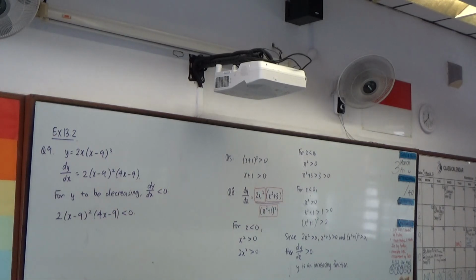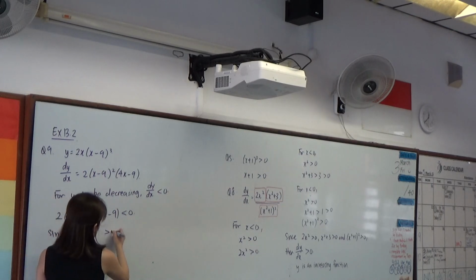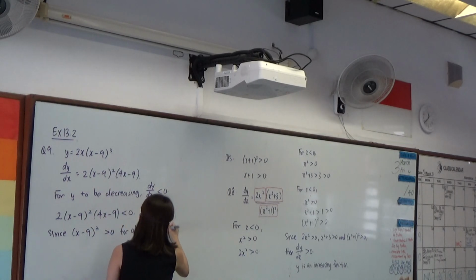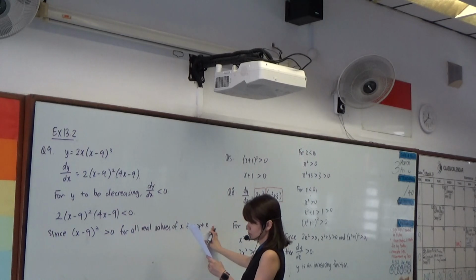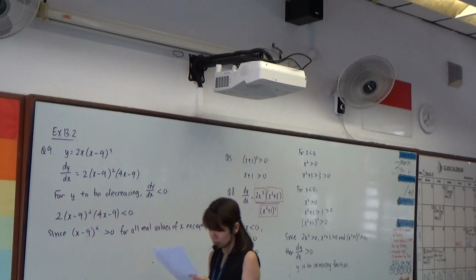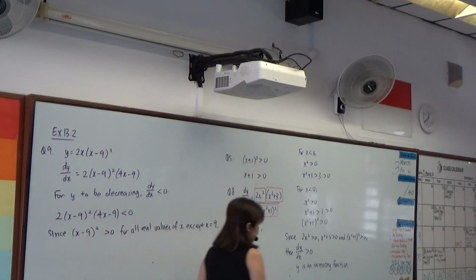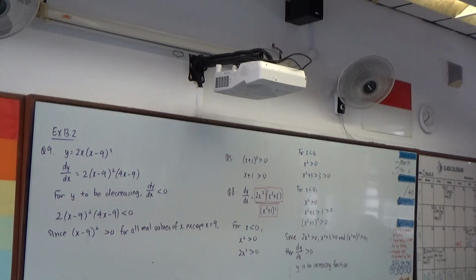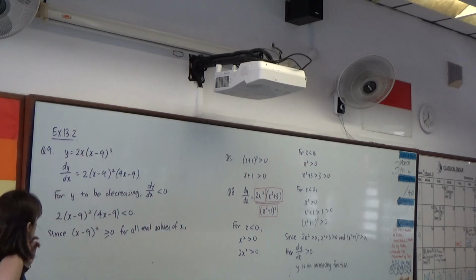But then the thing is that we know that (x minus 9) squared is strictly positive for all real values of x, since (x minus 9) squared will actually always be positive for all real values of x.